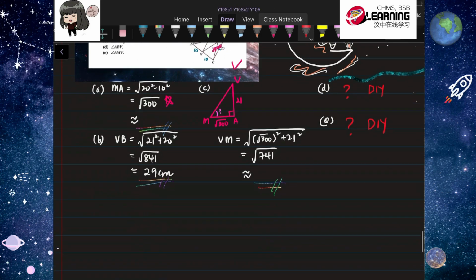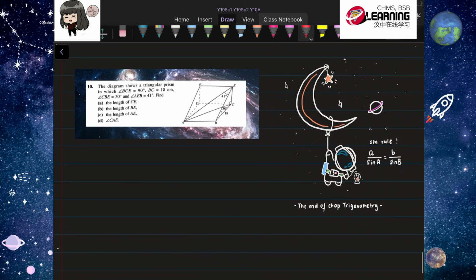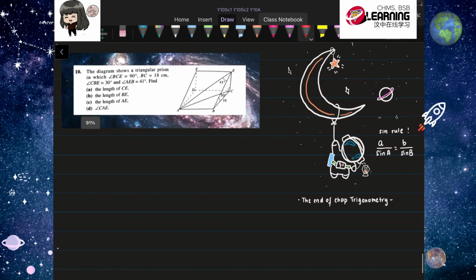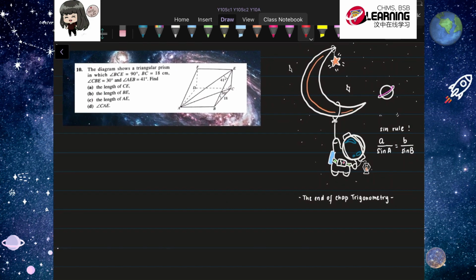Let's look at question number 10, the last one for today. So this is also a triangular prism. And BCE is 90 degree. It's all in the diagram already. Now find the length of CE. I'm here to guide you only. I want you to do it by your own.